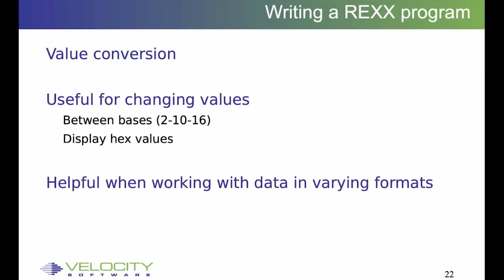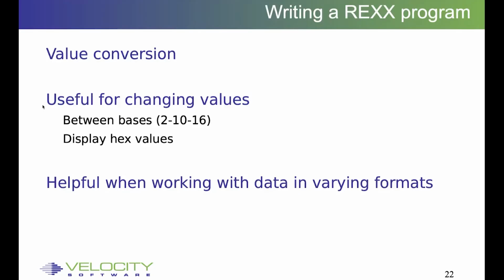Okay. We're going to talk a bit about value conversion. This is a set of functions that you can use to change bases, and in some of the work that I do, also displaying hex values.